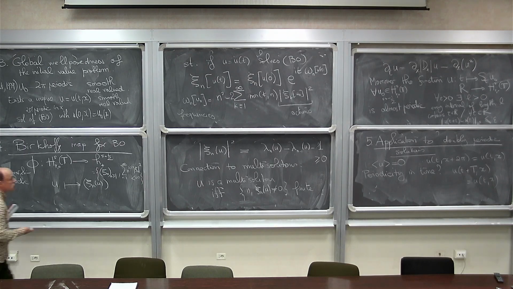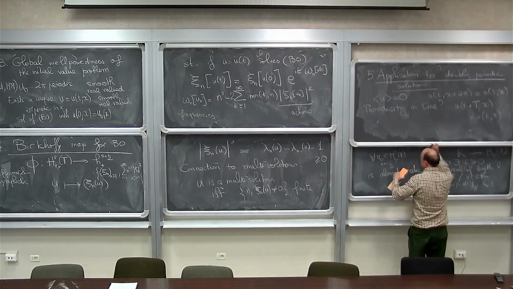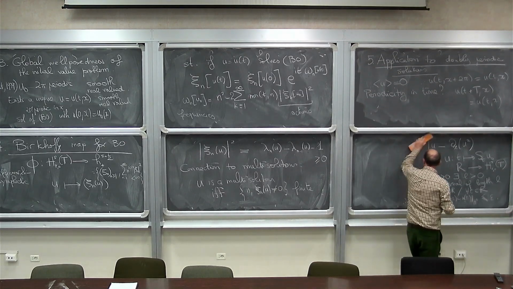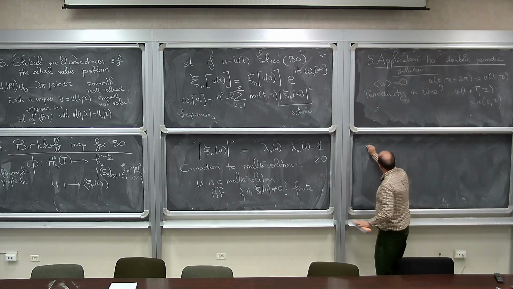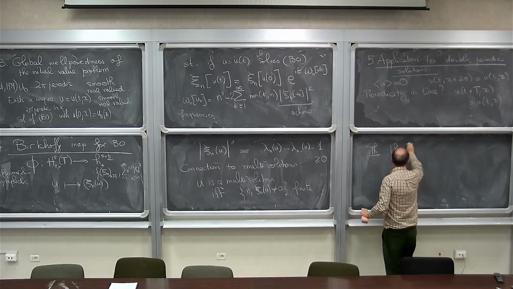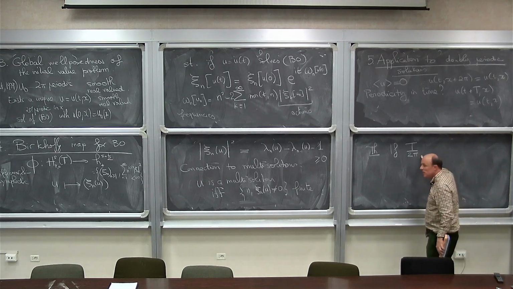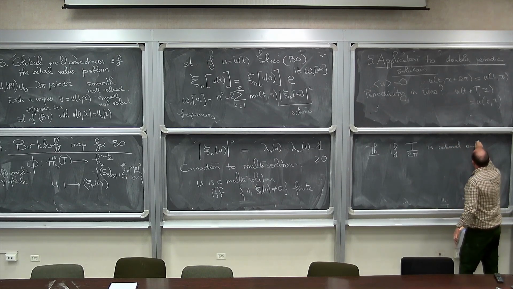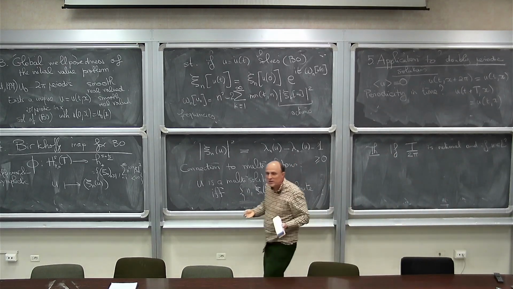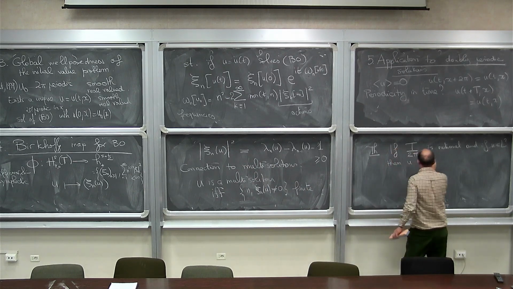And the answer is quite striking, in fact. The answer is the following theorem. If T over 2π, so T is my period in time, 2π is my period in x, is rational, and if U is at least L2, so it has at least square integrable regularity in X, then U is a multisoliton.